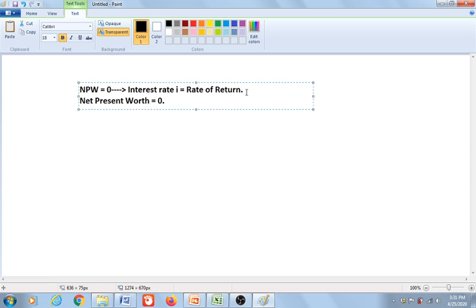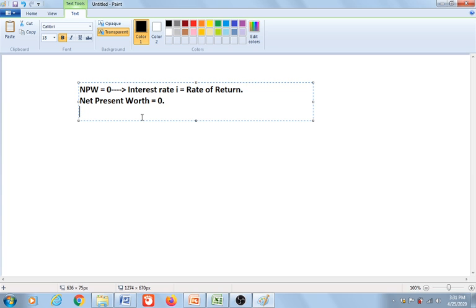Then the value of the interest rate I that will give net present worth equals 0, that is your rate of return. I repeat, the rate of return is the value of the interest rate when our net present worth on an investment equals 0.